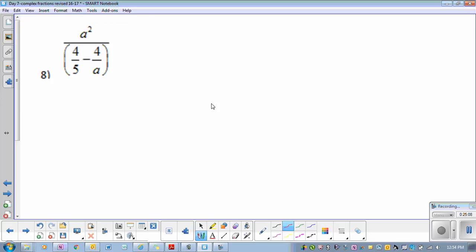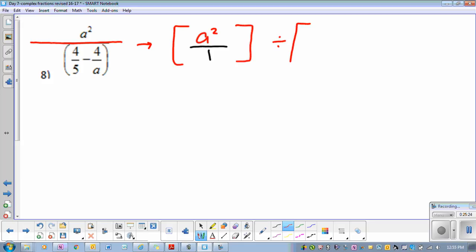So draw your fraction line just a little bit longer. And then we're going to rewrite this. So we have a squared. And we know we're going to need fractions, so why not just put an over 1 now, right? Divided by, what do we have down here? 4/5 minus 4 over a.